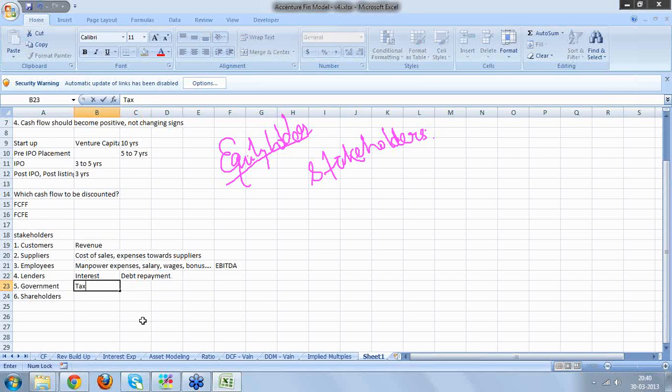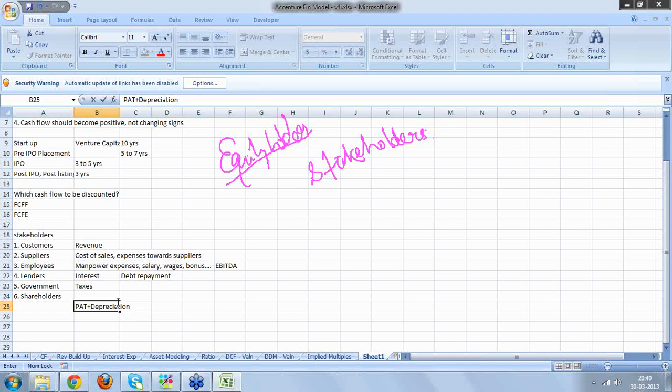Then government will be satisfied if you pay them taxes. So what you are left with now is EBITDA minus interest minus taxes. So EBITDA minus interest minus taxes is nothing but PAT plus depreciation. So PAT plus depreciation is my EBITDA minus interest minus taxes.